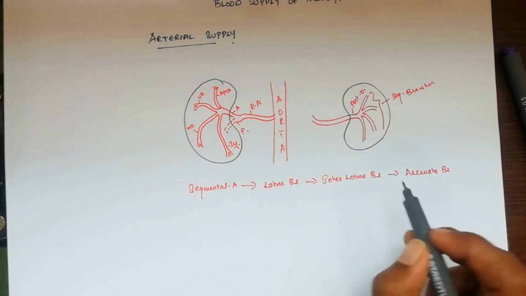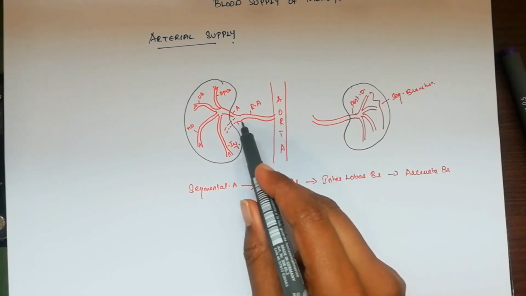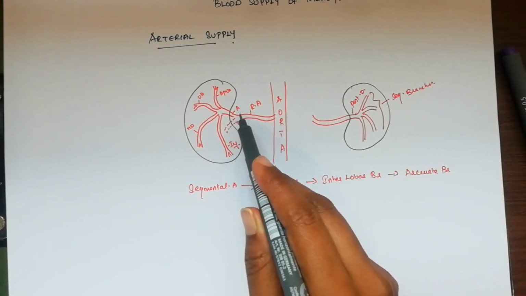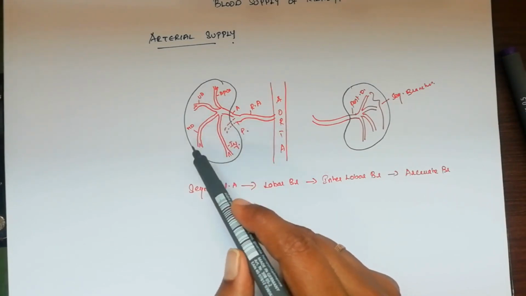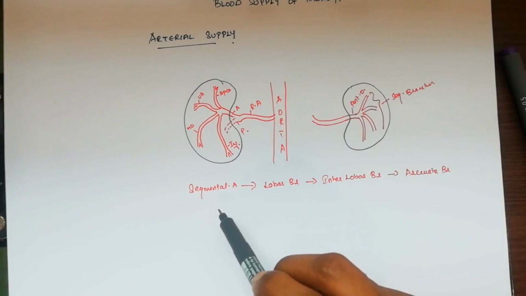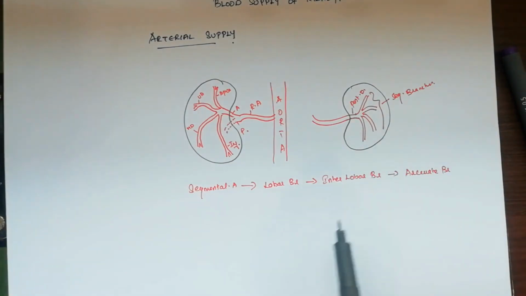So this is how the arterial supply of the kidney happens: the renal artery, the main trunk, divides into anterior and posterior divisions, which give segmental branches, and from the segmental arteries we have lobar, interlobar, and at last arcuate branches.